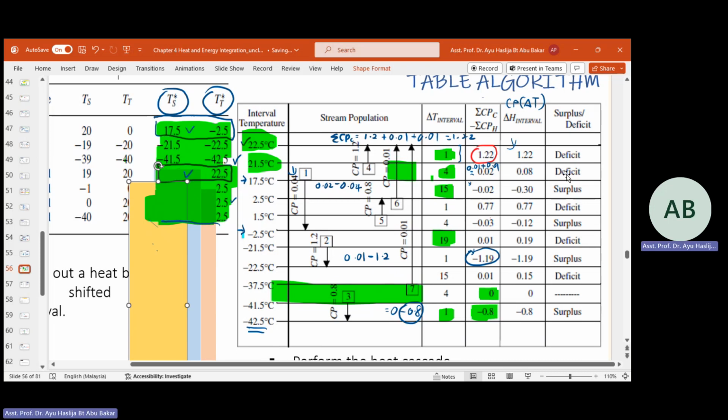Deficit means you have to supply extra heat.